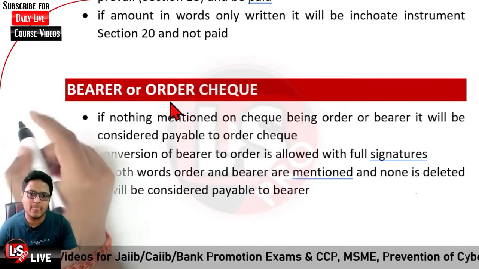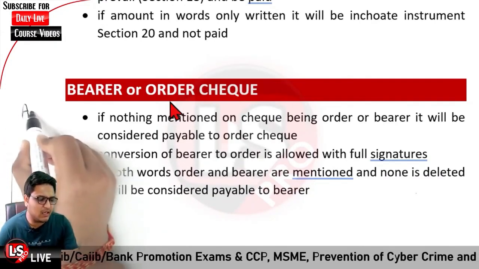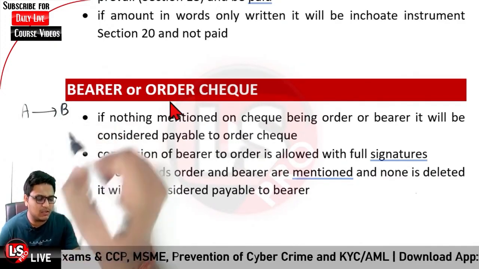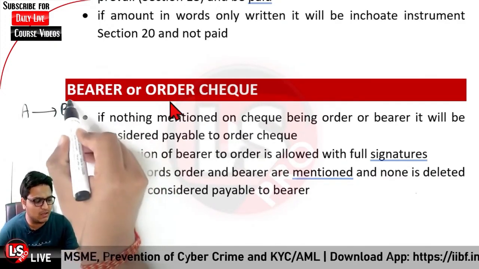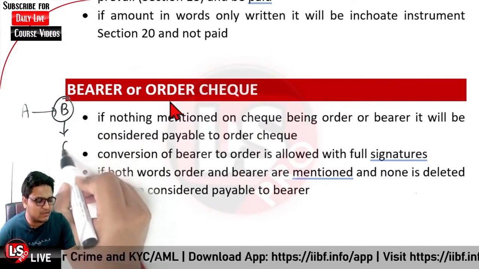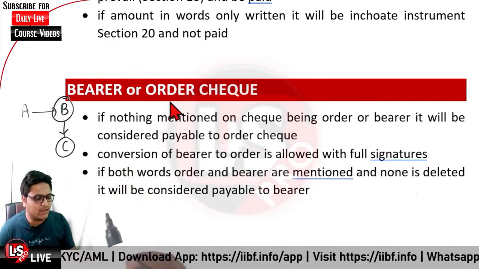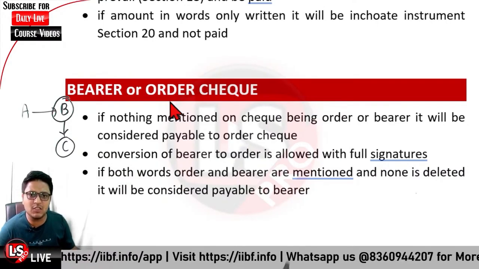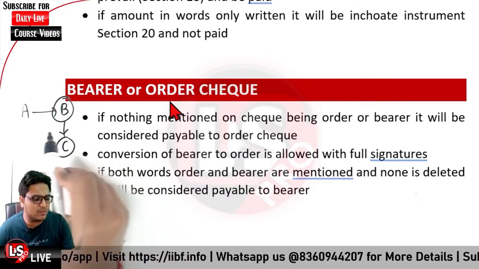It means if person A gave a bearer check to person B, and person B lost this check and person C found this check and withdrew the payment from the bank counter, is the bank responsible for that?